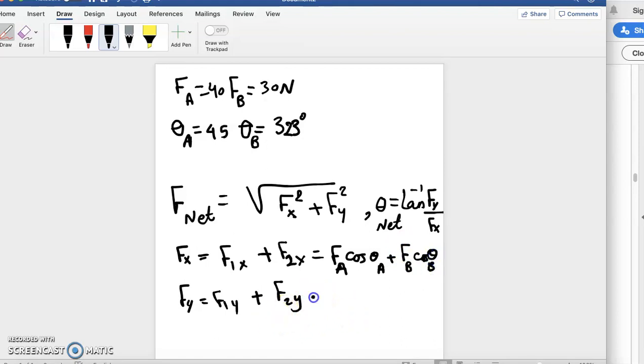And the same thing will apply here, it is FA sine theta A plus FB sine theta B. You plug in the numbers for thetas, for the F, you get the numbers, you find the F net, and that's it. It's as simple as that.